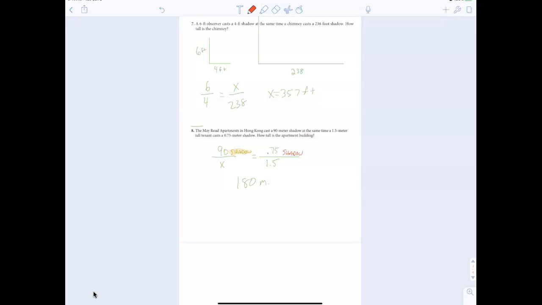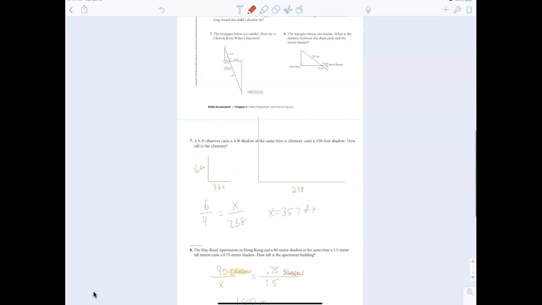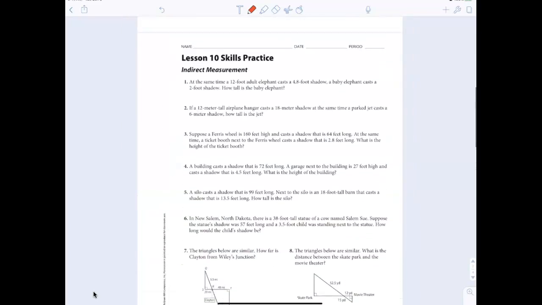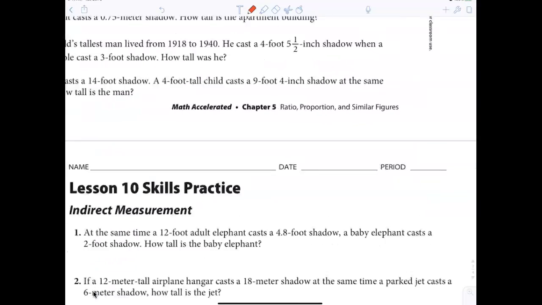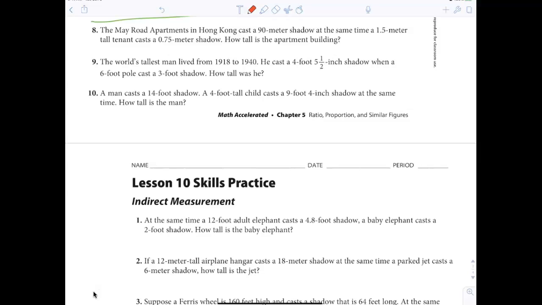As a quick one on number 9, how would we log 4 foot 5.5 inches? Yes, exactly. You could say 4 feet 5.5 inches, right? So that's actually a pretty good question.